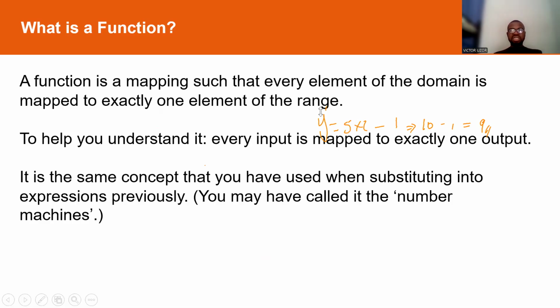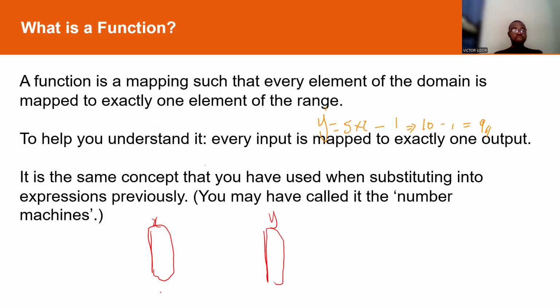Now, there are concepts here that you have not heard before: domain and range. So I want to explain it again to you. The input value, which I said is the x, is the domain, while the output value, which I say is y, is the codomain or range.